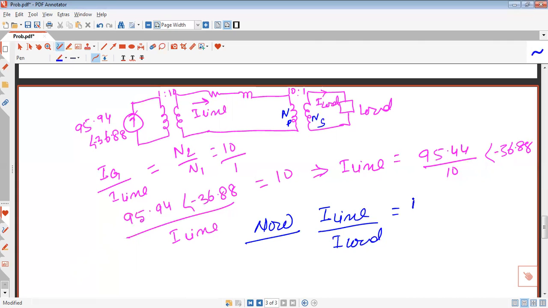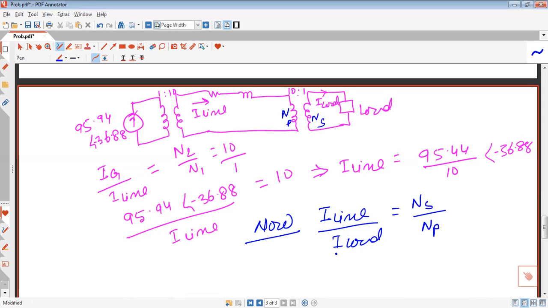So here NS, N2 is NS by, here I line divided by I load, line current divided by load current, and it is divided by I1 by I2, I1 by I2 equal to N2 by NS. So it is N2, NS, and NP.